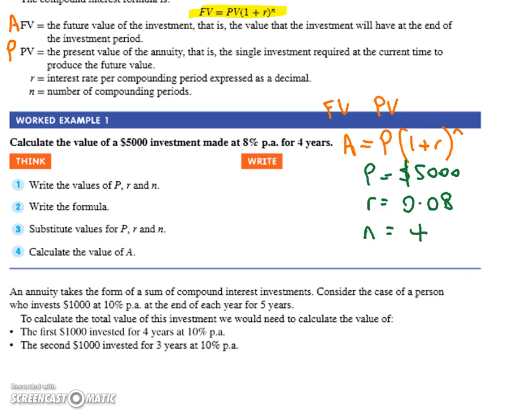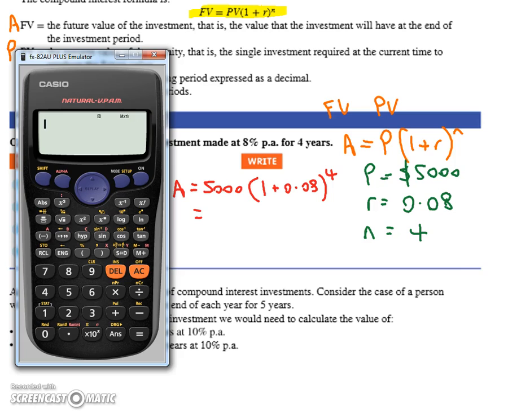So we've got A equals 5,000 times (1 plus 0.08) to the power of 4. You can just chuck that straight into your calculator. You do 5,000 times 1 plus 0.08, close brackets, to the power of 4.